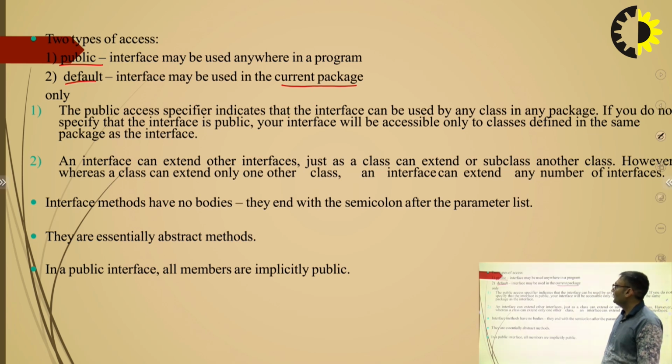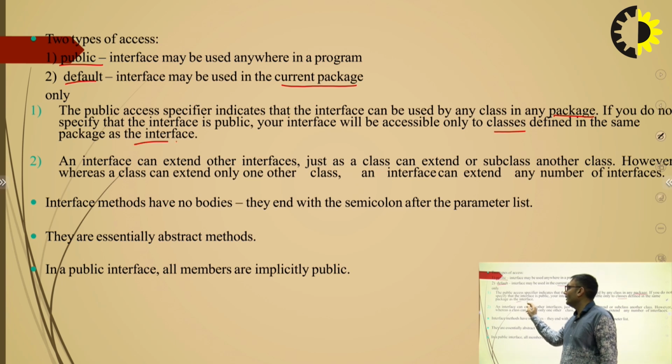The public specifier indicates the interface can be used in any class, in any package. If you don't specify the interface as public, your interface will be accessible only to the classes defined in the same package.